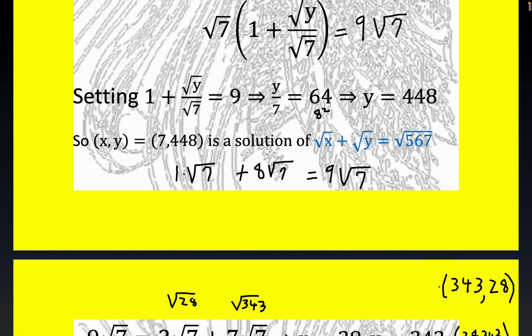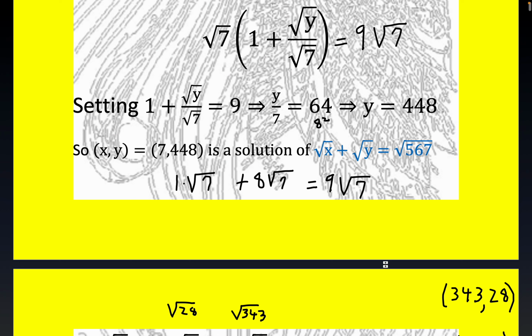I never explicitly wrote this one down, but the solution up here would be 64, 448, and because of the symmetry, there would be a dual solution, 448, 64.